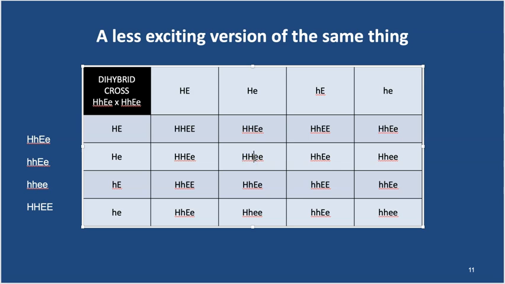So here you've got one that's homozygous for one, but not the other. Here's homozygous for a second, so that's two. 3, 4, 5, 6, 7. So it looks like we've got 7 if I'm asking how many are homozygous for at least one trait. It's 7 out of 16. So that's just one other example.